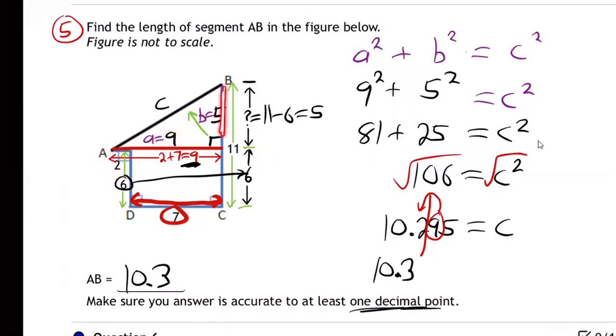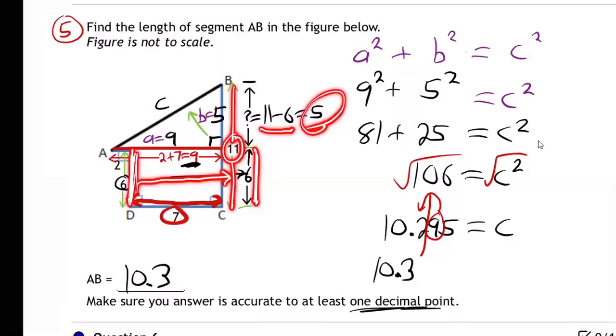And then the way I found this top part is I took the whole thing as 11 and subtracted the bottom part, which I saw over here on the left, and I just moved it over and said, oh, the bottom part is 6. The whole thing is 11. 11 minus 6, the top part must just be 5. That was the trickiest part.